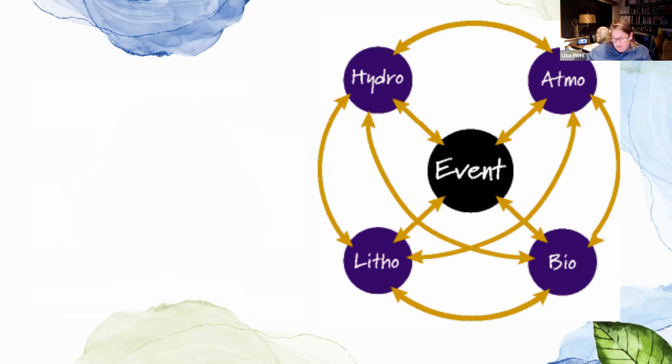So for example, an event in the hydrosphere has effects, like a volcanic eruption, right? So you have a volcano and it erupts, and that causes lots of issues with the biosphere, like it burns trees, and it also impacts the atmosphere because you've got a release of various gases, right?